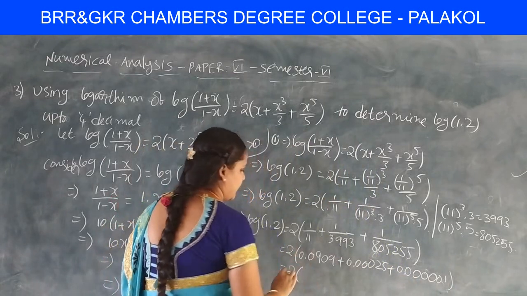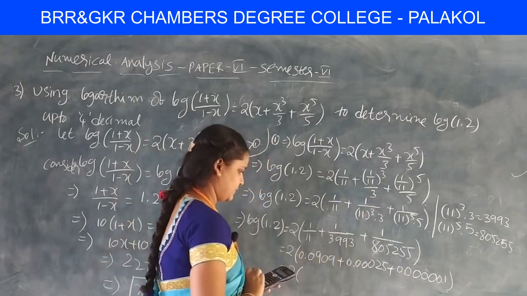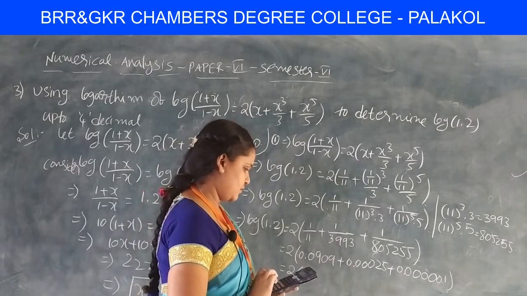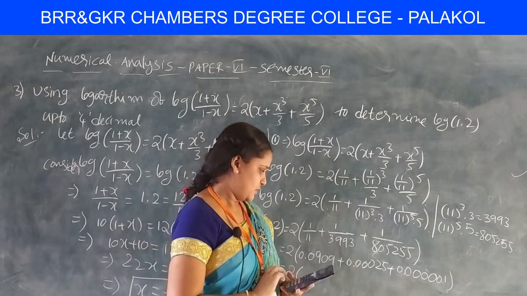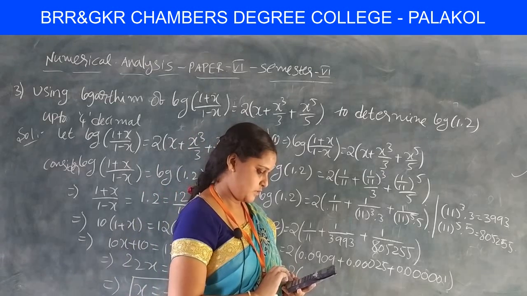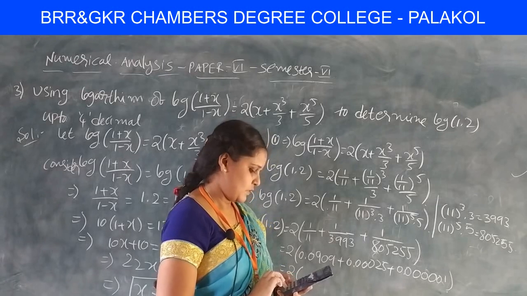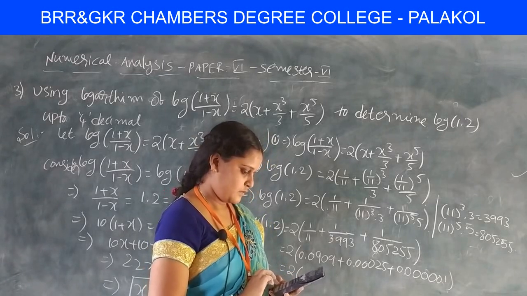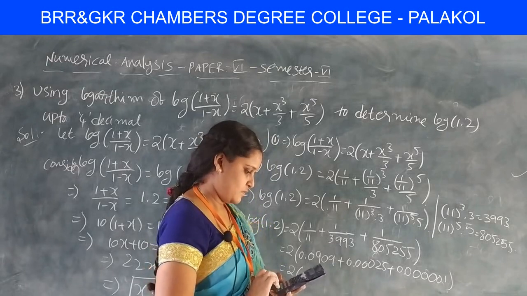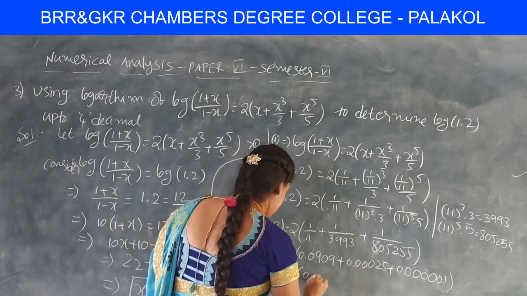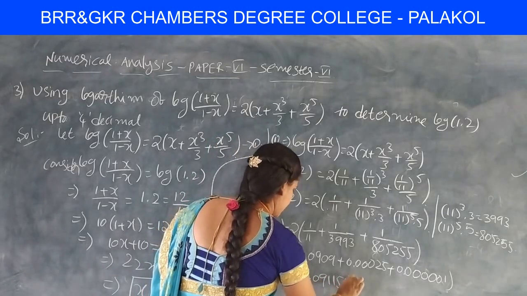Now adding the terms: 0.0909 plus 0.00025 plus 0.000001 gives 0.091151.